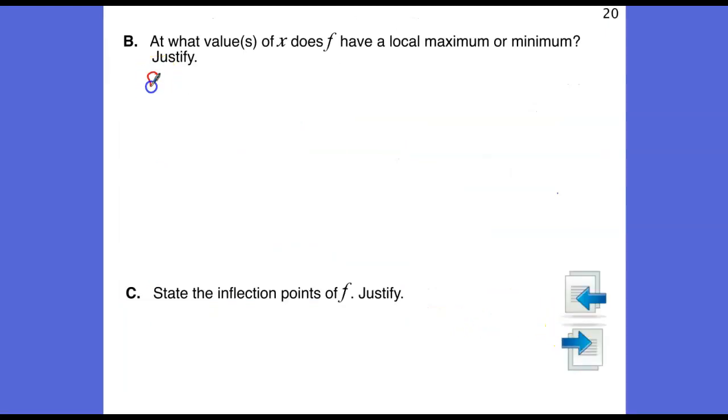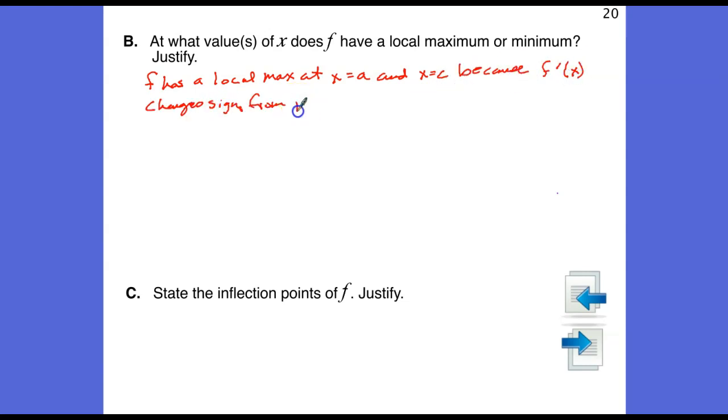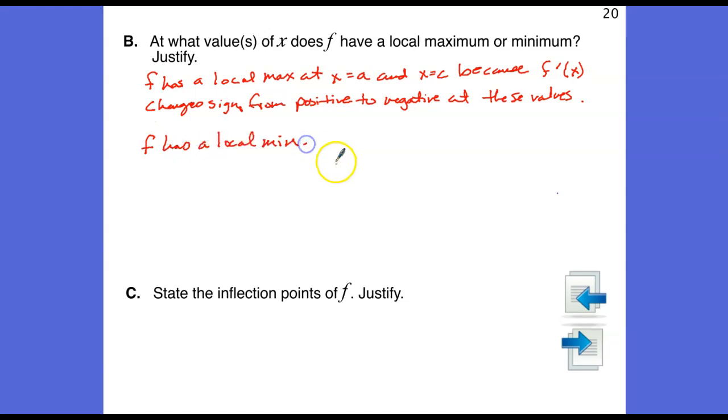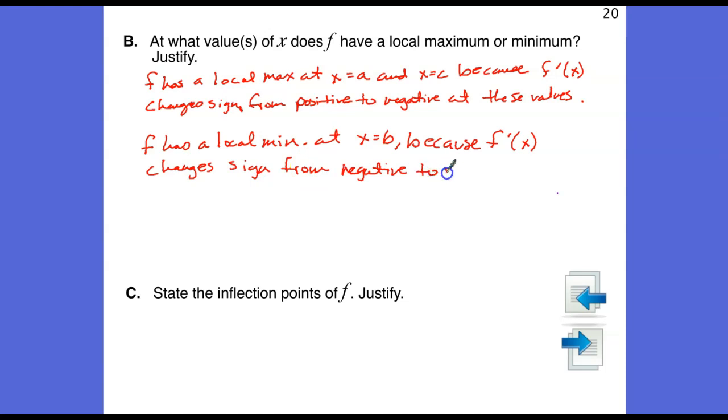We can say f has a local max at x equals a and at x equals c, because f prime of x changes sign from positive to negative at these values. And further, we can say f has a local minimum at x equals b because f prime of x changes sign from negative to positive.